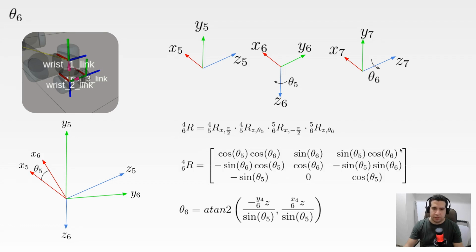The same applies to this element here: if we take this element and divide by sine of theta 5, you end up getting cosine of theta 6. So what I mean by this notation is the projection of the z-axis of frame 6 on the x direction of frame 4. This is exactly the first row, the last column of the rotation matrix.